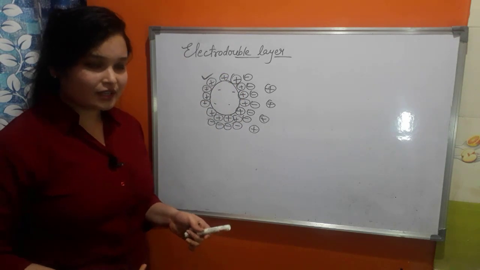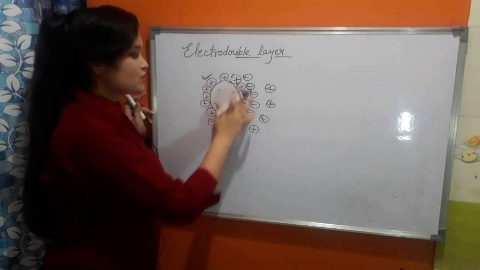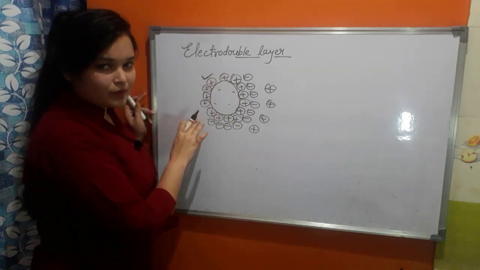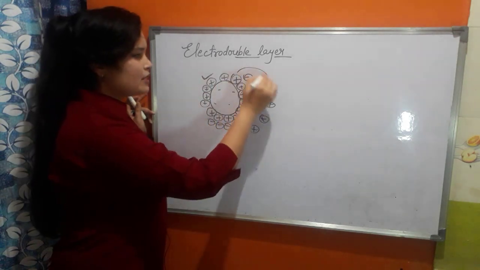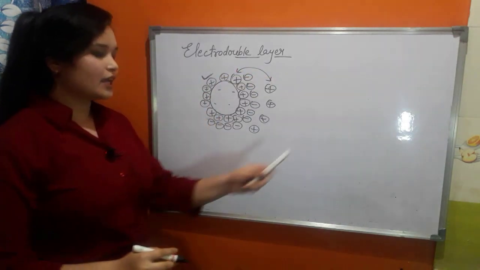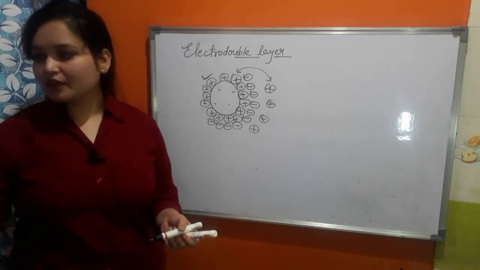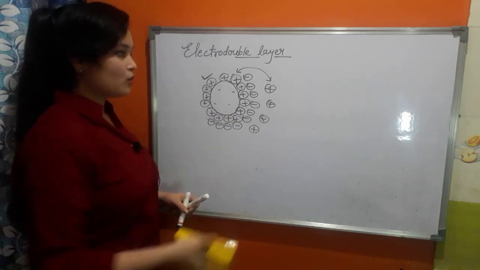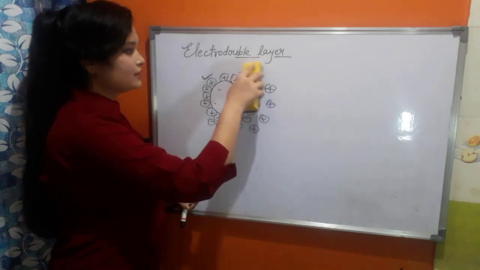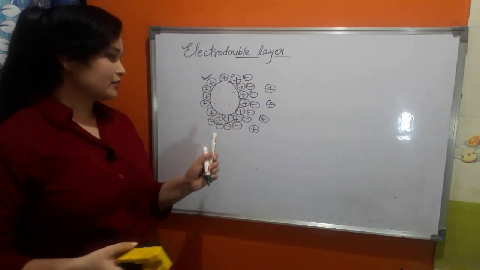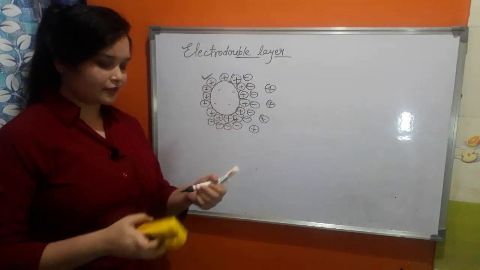Why is it happening? Because this positive charge, which is already covering the surface of this particle, is having some repulsion towards incoming positive charges. So the positive charge which is coming now is a lot lesser than what came in the starting.